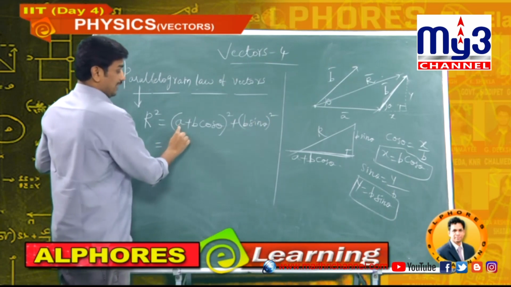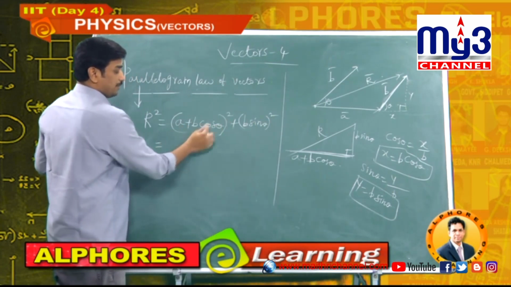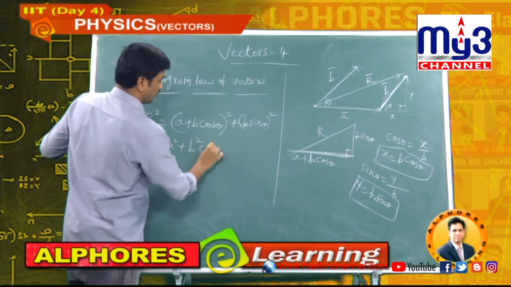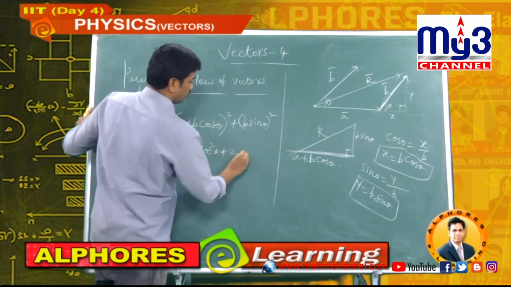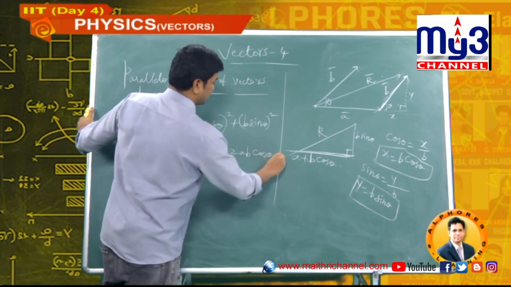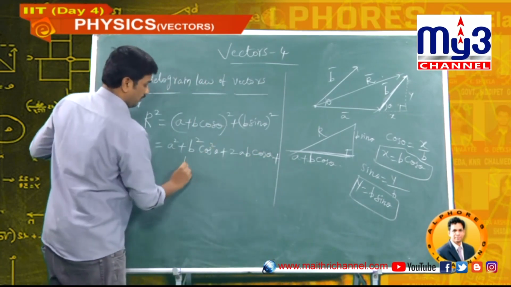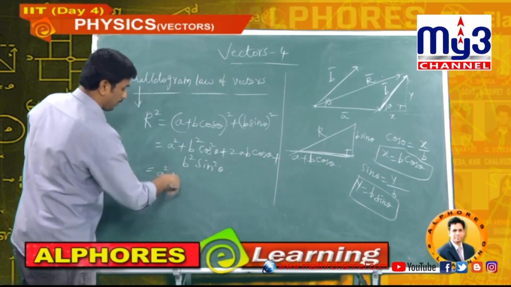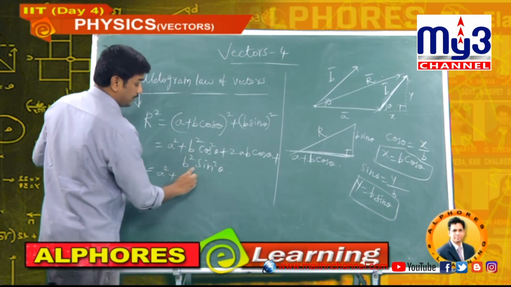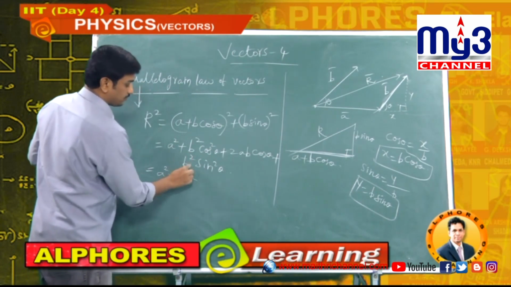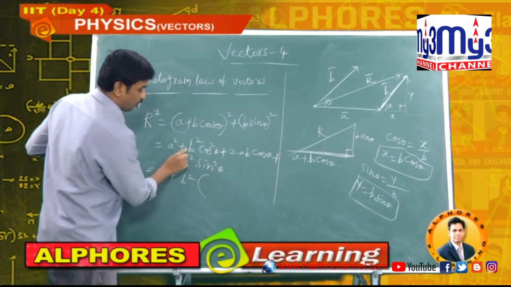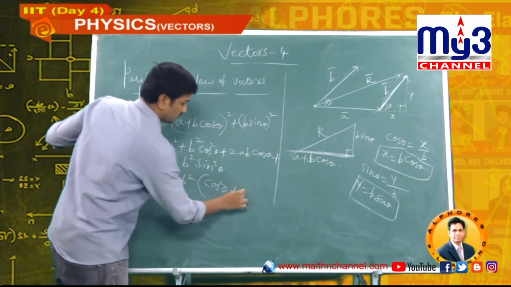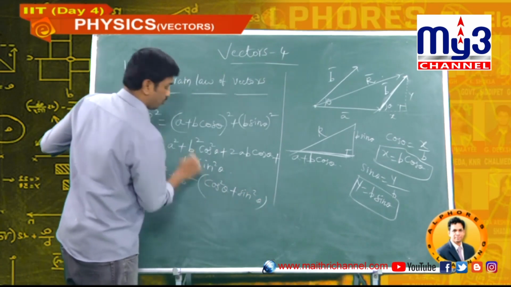Now, A plus B cos theta whole square is like A plus B whole square: A square plus B square cos square theta plus 2AB cos theta, plus B square sin square theta. A square, see here B square cos square theta, B square sin square theta. Can I take B square common? After taking B square common, cos square theta is left over here, sin square theta left over here.